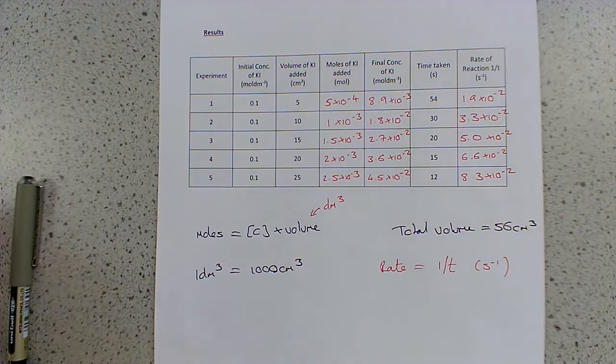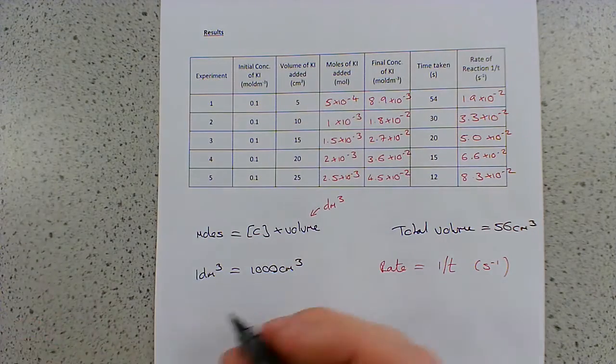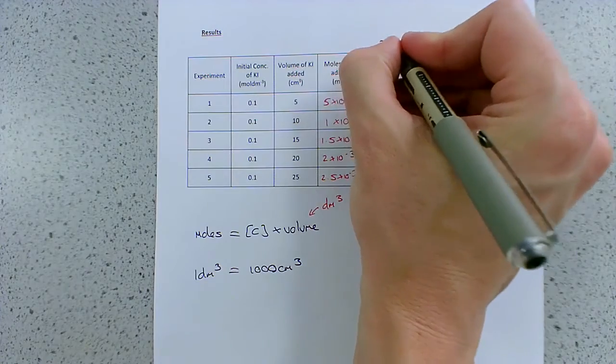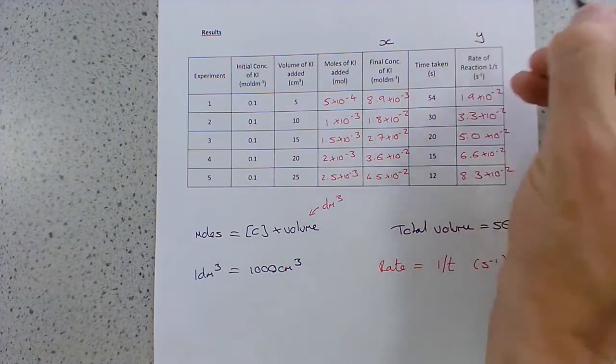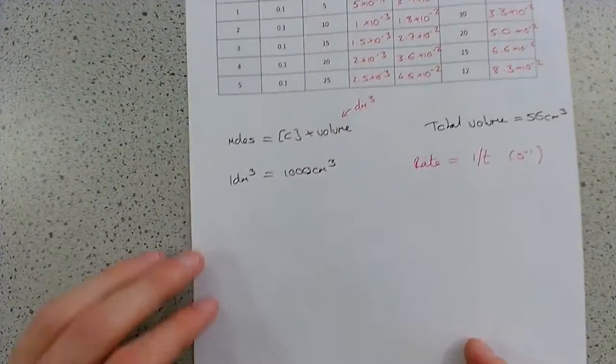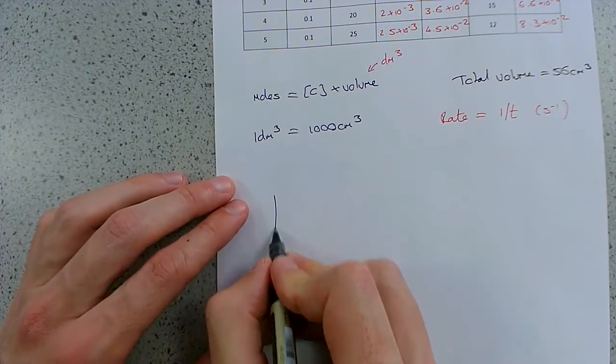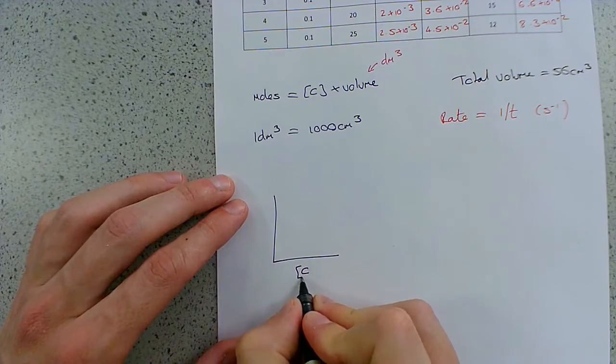So if we plot those against each other, we will be able to determine whether it is 0, first or second order. So we're going to plot our concentration of potassium iodide on our x-axis and the rate of reaction on the y-axis. And what we're looking for is the relationship between those.